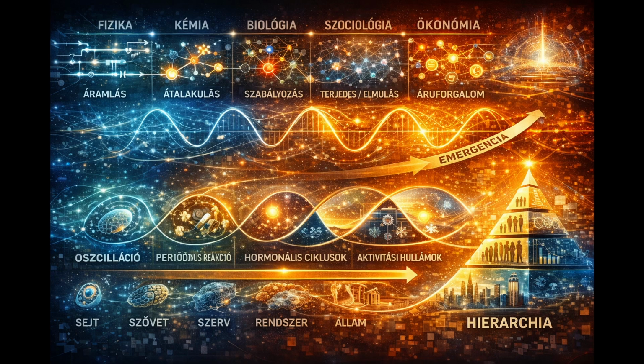Let us preserve this continuous pattern and change only the scale. After physics, chemistry, biology, we now move to sociology and economics, with the same organizing principle. In the cell, the membrane is the boundary where the gradient forms.